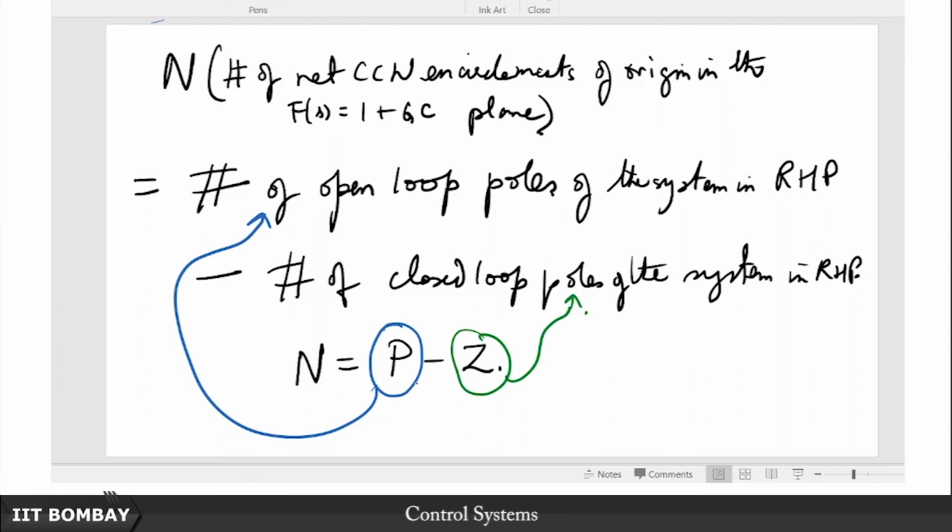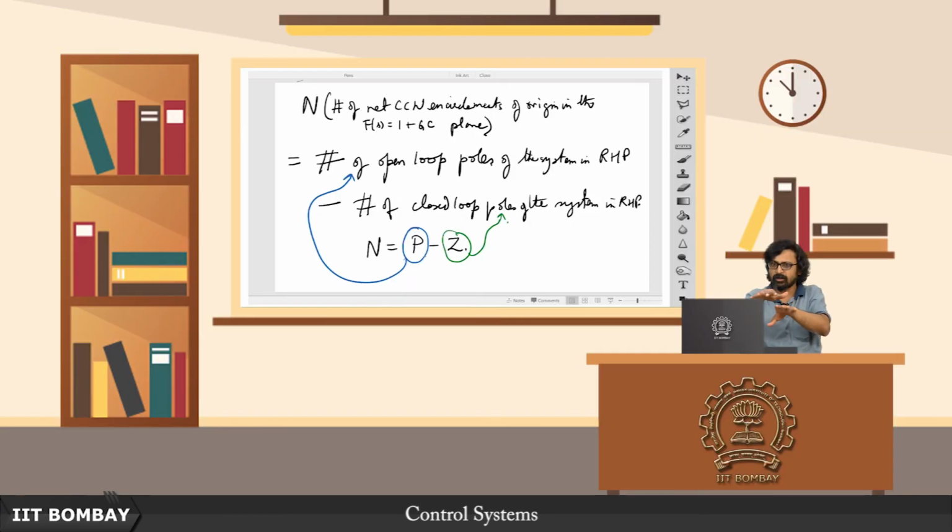In the Bode plot you might have to see all those crossovers, phase crossover, gain crossover and stuff like that, and keep tab on all of those. But here it turns out it is not that difficult. The main difficulty is basically in sketching this Nyquist diagram. Once you have the sketch of the diagram, this is known from the Nyquist plot.